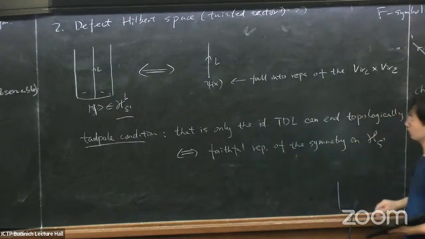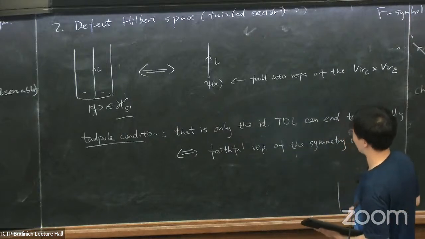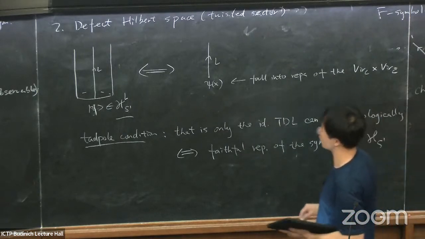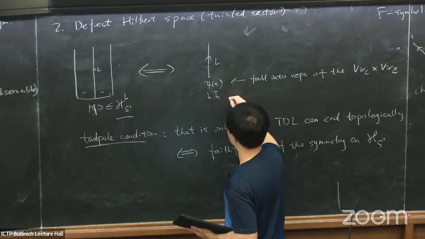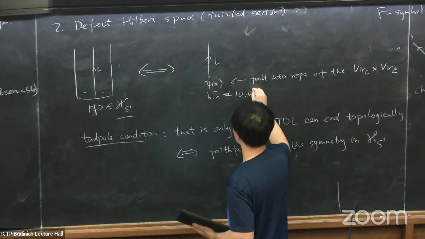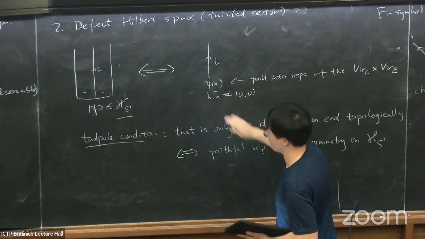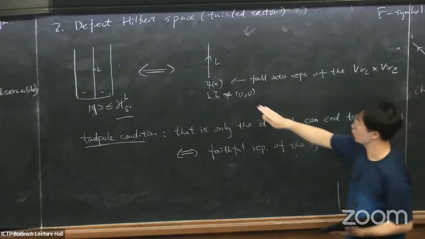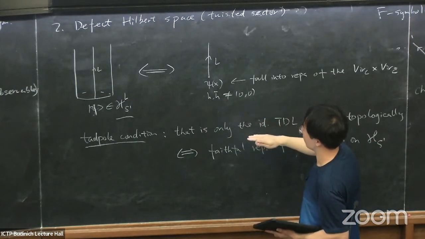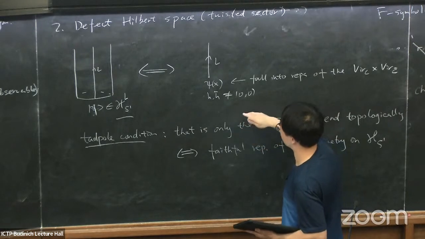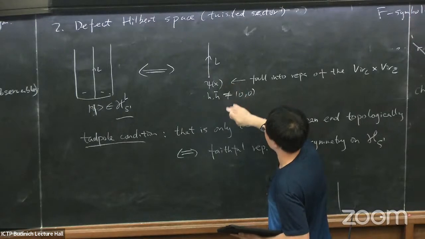The reason is that if other topological defects can end topologically on operators, so in this case psi in general is an operator with h and h bar not equal to 0, 0. In the case of a topological junction, it would be the special case when h and h bar equal 0, but in general this is not possible. And indeed for CFTs, we want to impose the condition that this is always not possible.